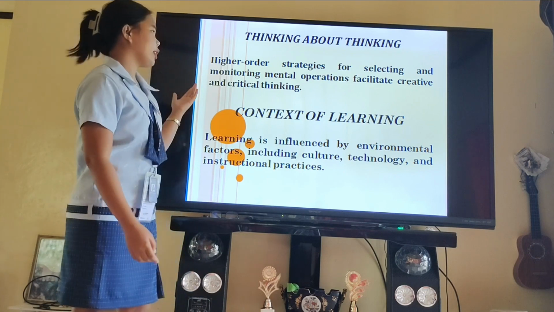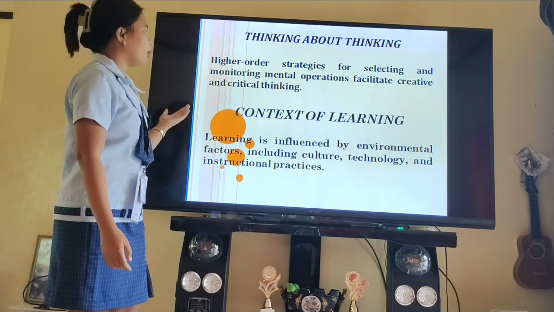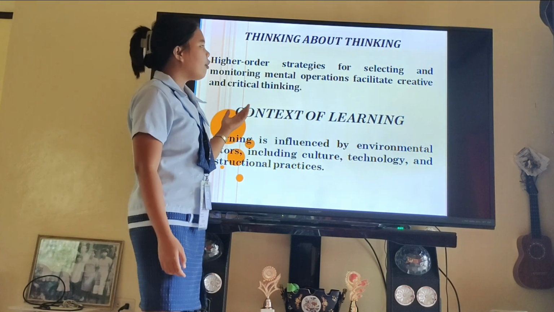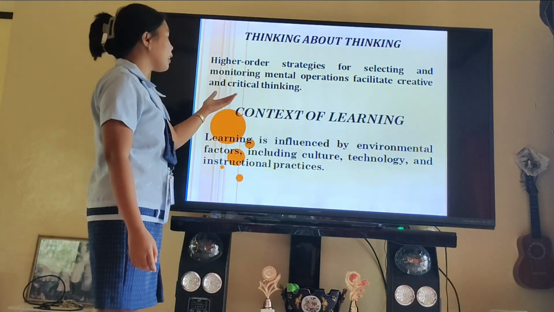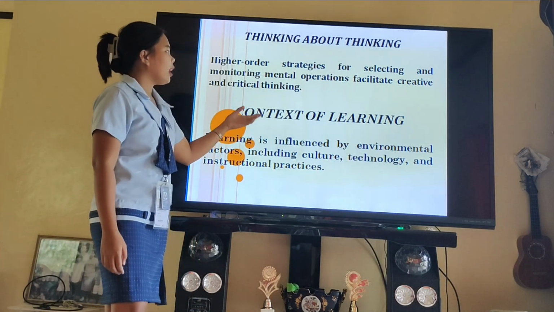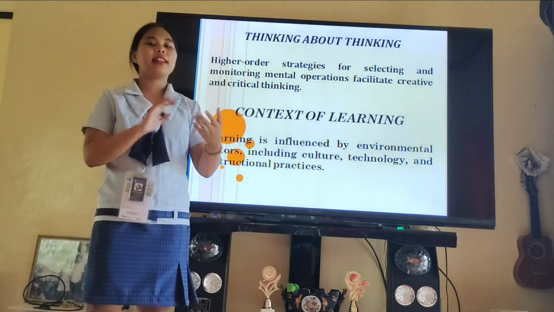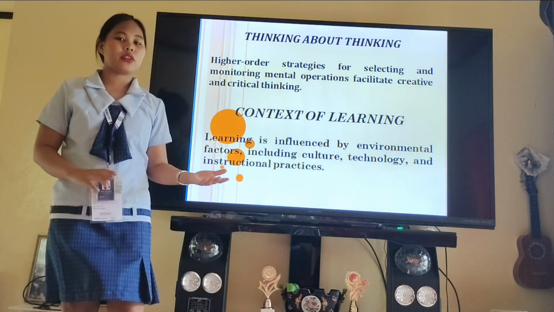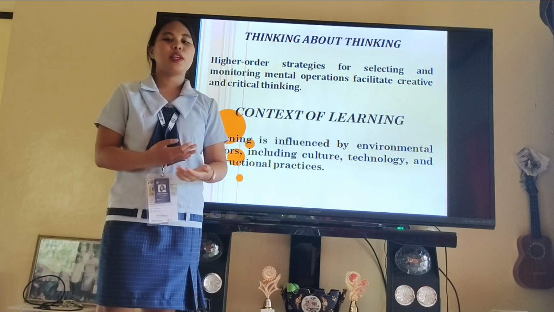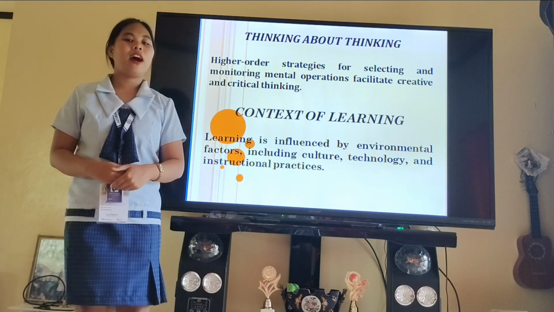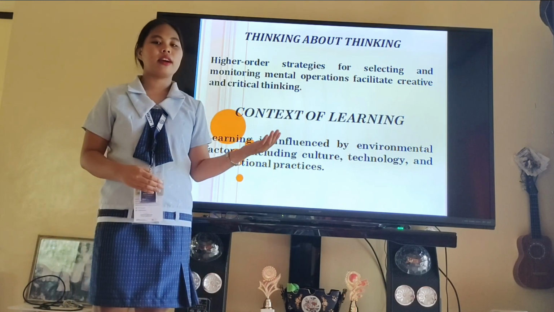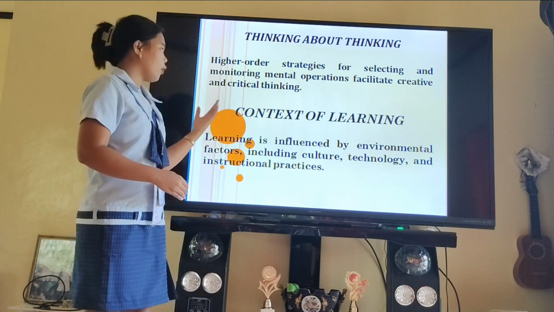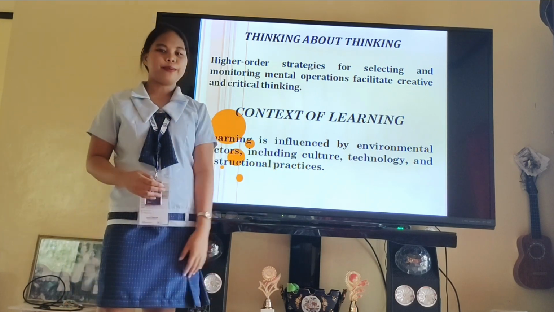Higher order strategies for selecting and monitoring mental operations facilitate creative and critical thinking. It means that if you are selecting and monitoring one person or a thing, you can facilitate creative and critical thinking of a person.